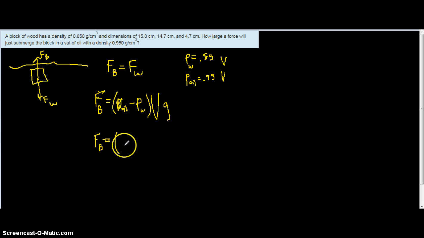So we know 0.95 minus 0.85. Now the volume of this wood is going to be length times width times height. So whatever those calculations, 15 times 14.7 times 4.7, times the acceleration of gravity.